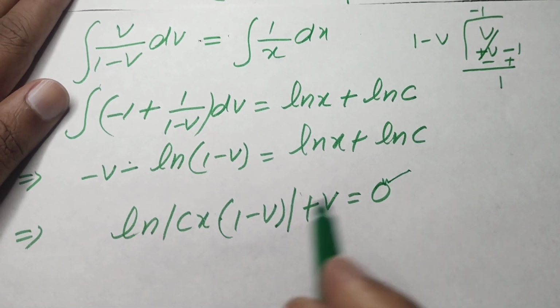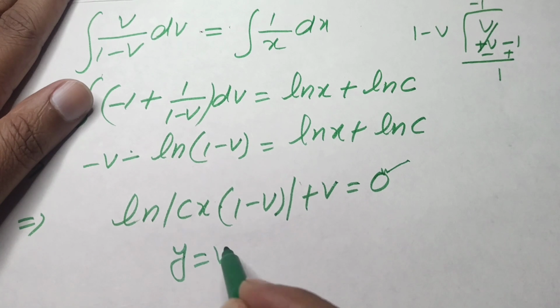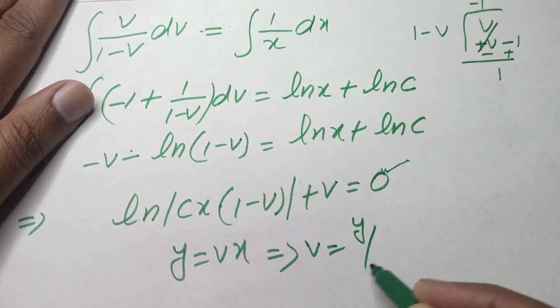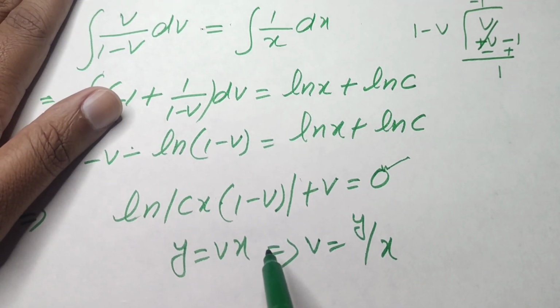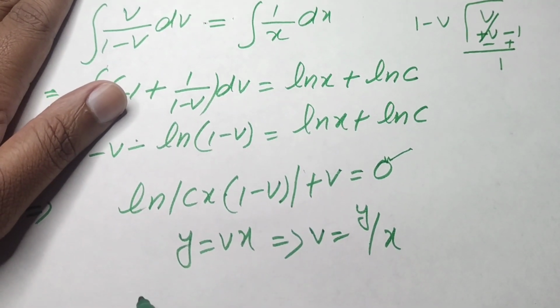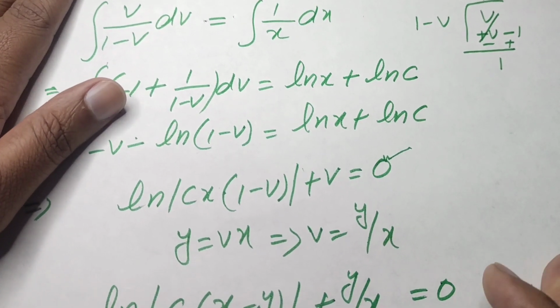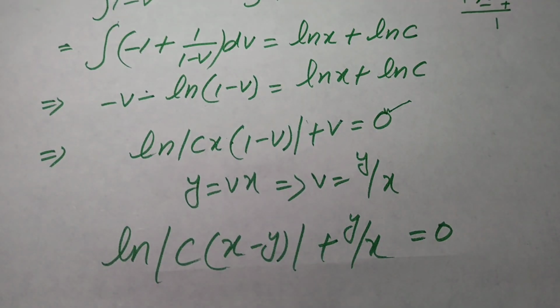After that we back substitute the value of v. We know that y is equal to vx, so the value of v is y over x. We substitute v is y over x in this expression, and we get our final answer in this form: log of c (x minus y) plus y over x is equal to 0. This is our final answer, and thank you so much for watching my video.